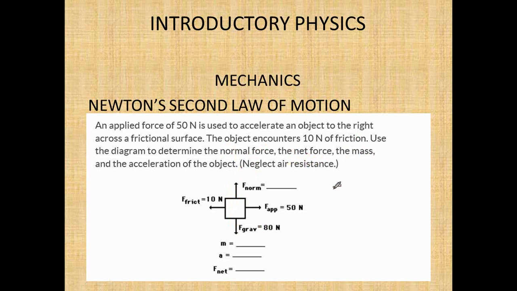The force of gravity is equal to the mass of the object, that's a big M, but don't worry about it, times the acceleration due to gravity, and we indicate that by a little g. We know that the force of gravity is 80. We know that g is a constant number: 9.8 meters per second squared.